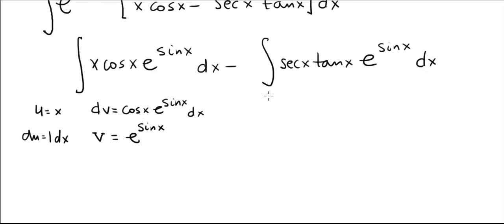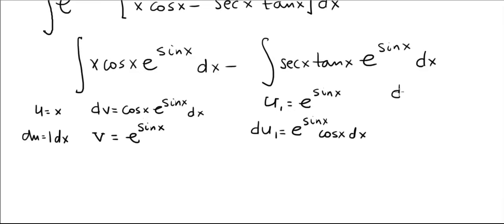For the second integral, I'm going to use u1 and dv1. u1 is going to be e to the sine x, so du1 will be e to the sine x times cosine x dx, and dv1 will be secant x times tangent x dx, so that v1 is the antiderivative of secant tangent, which is secant x.